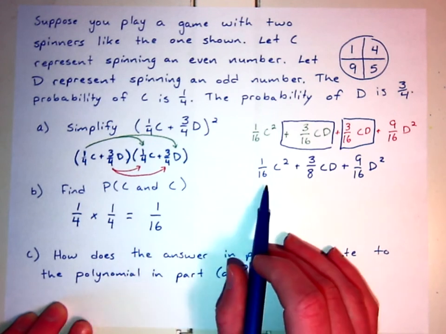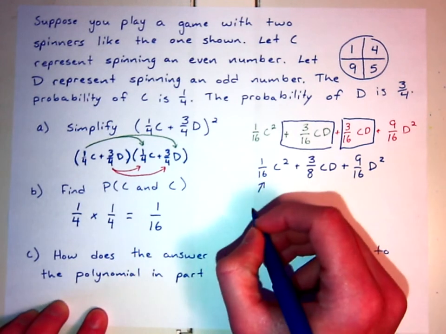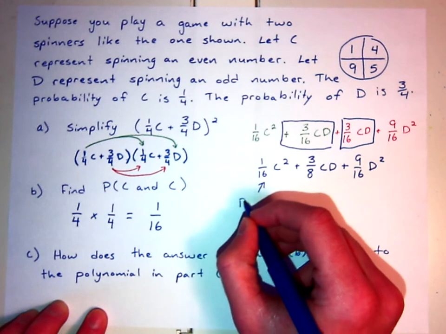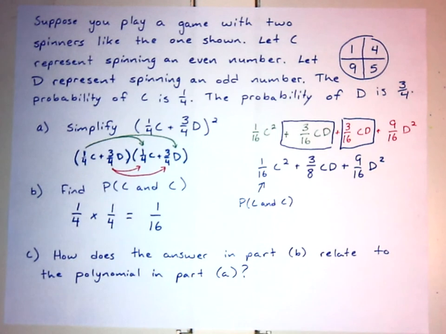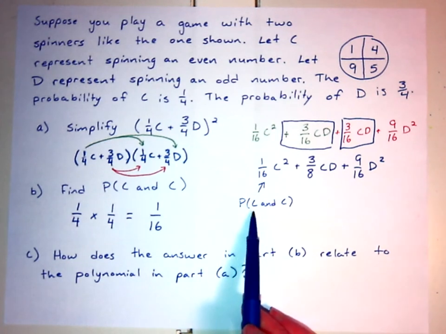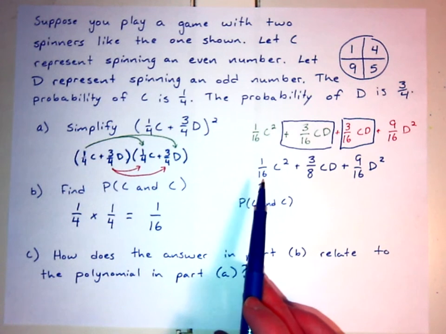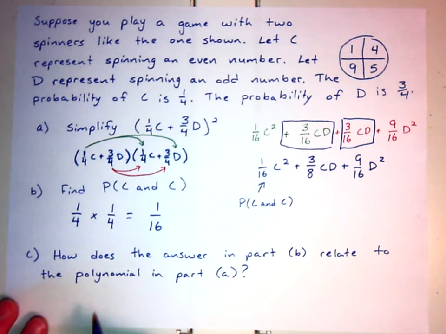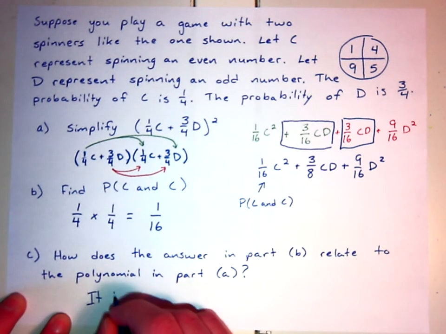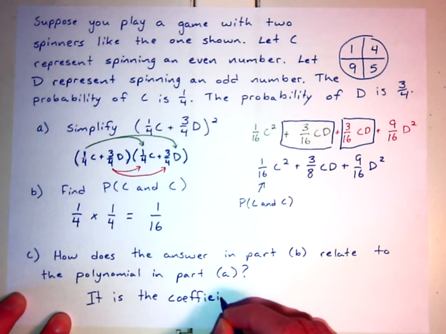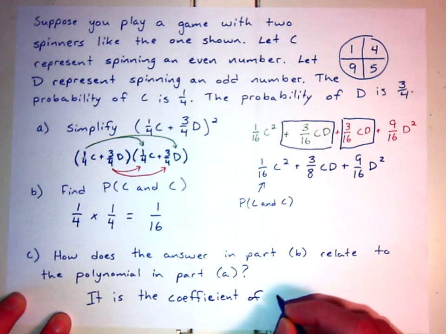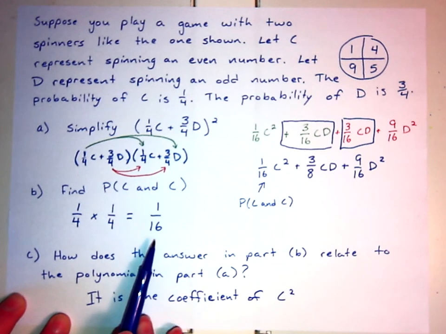The coefficient of C squared is showing the probability of C and C, the probability that we get an even number and an even number. So the answer in part B, the probability of C and C, is actually the coefficient of C squared.